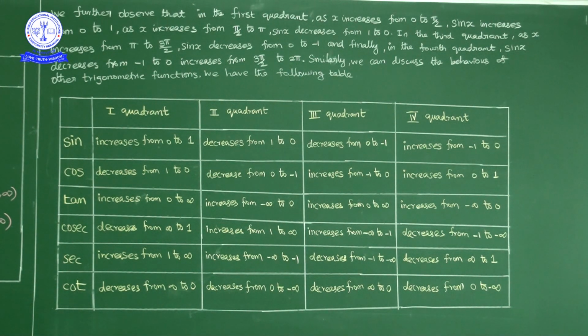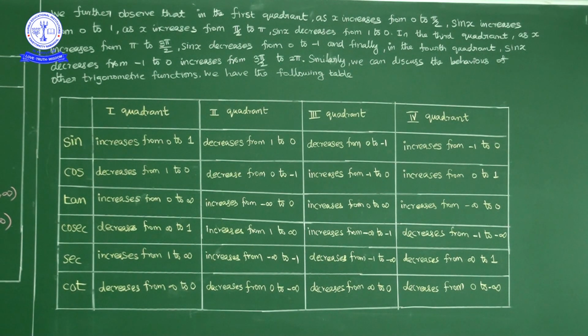Now as x increases from pi by 2 to pi, in second quadrant, tan x increases from minus infinity to 0. So minus infinity to 0 means negative, no? So tan is negative in second quadrant.